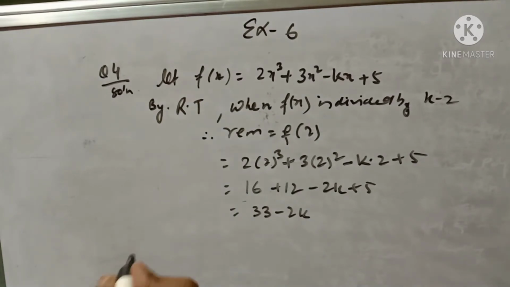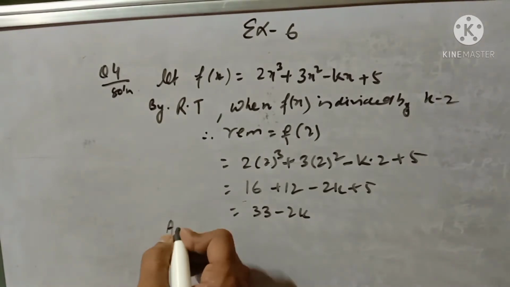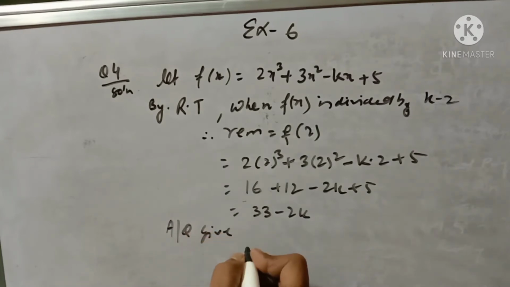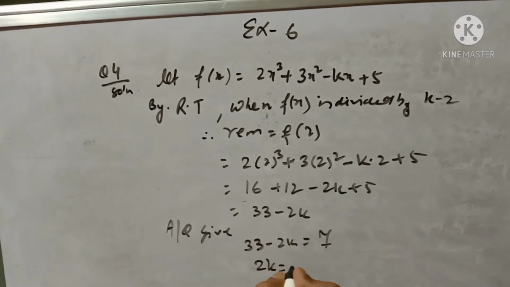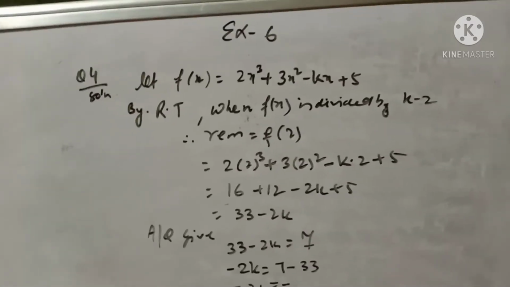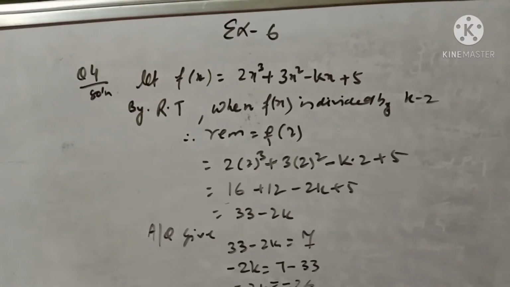But according to the condition given in the question, 33 minus 2k is equal to 7, since the remainder is given as 7. So 2k equal to 33 minus 7, that is 26, so k equal to 13. Okay, this is our required answer. Write down please.